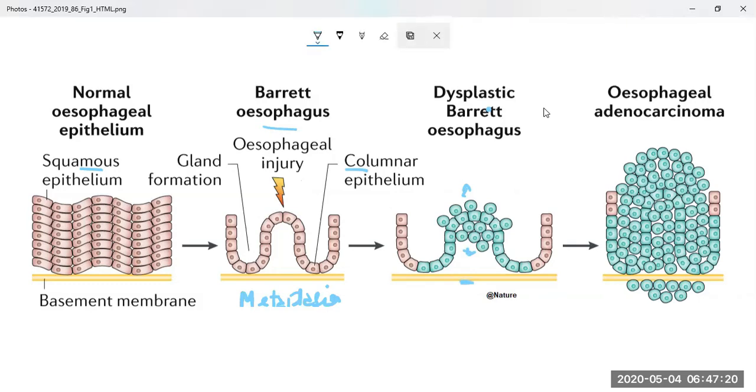These are the cells, and the cells are growing in numbers. Their shapes vary, and they stack together further and further. And the nucleus is going away from the basement membrane. That is showing you the loss of polarity, especially in Barrett esophagus.